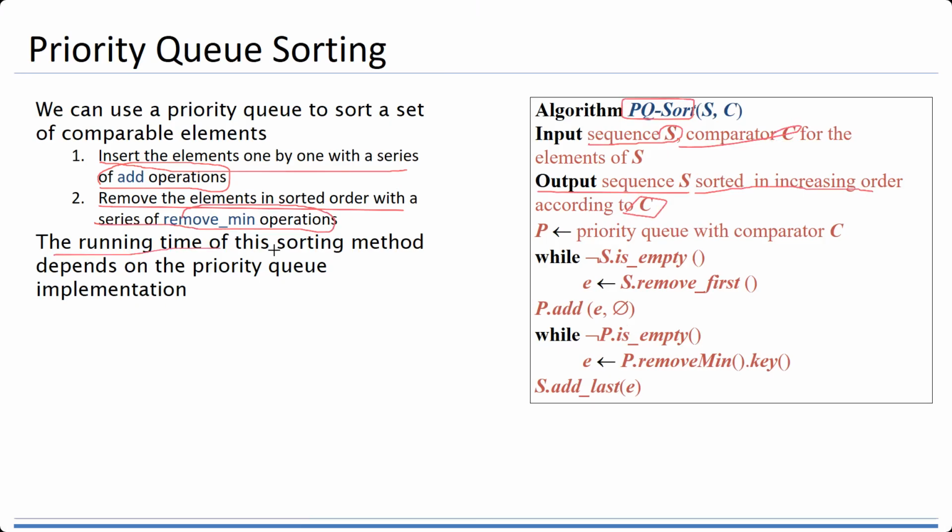The output will be the sequence S in increasing order according to the comparator. So the running time of this sorting method depends on the priority queue implementation, whether you are using the unsorted list or the sorted list.